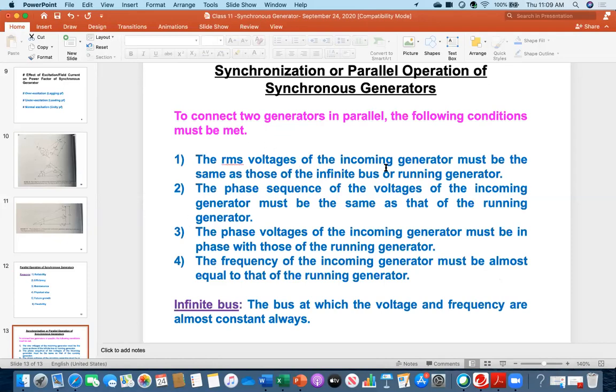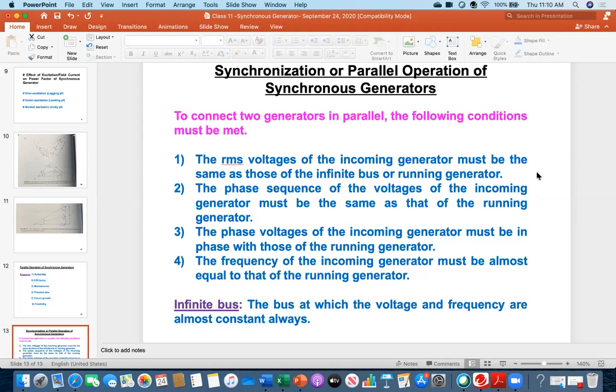Their RMS voltage should be the same, phase sequence should be the same, phase voltage of all the generators should be the same, and the frequency should be the same. Only if these 4 conditions are met can you connect 2 generators in parallel. Assuming that one was running and you want to connect a new one with the system, the new generator, which we call the incoming generator, must meet these 4 conditions.